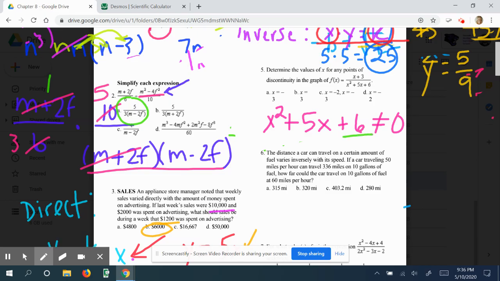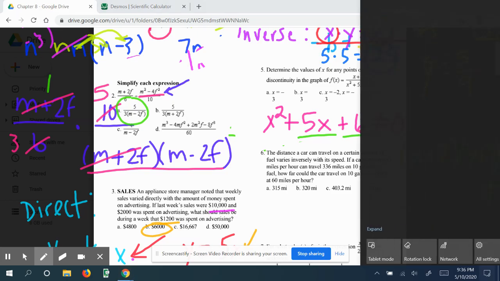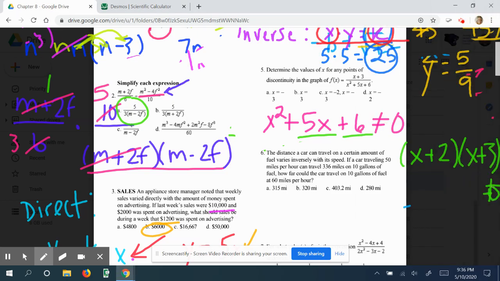The two numbers that multiply to 6 and add up to 5 are 3 and 2, right? So x plus 2 and x plus 3 should not equal 0. So x plus 2 should not equal 0, which means x should not equal negative 2. And x plus 3 should not equal 0, which means x should not equal negative 3.